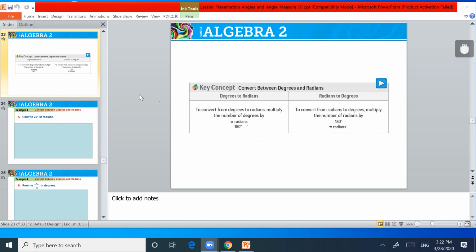counterclockwise. Today the first item of our lesson is radian and degree. We have two types of units, and you can convert between degree and radian.